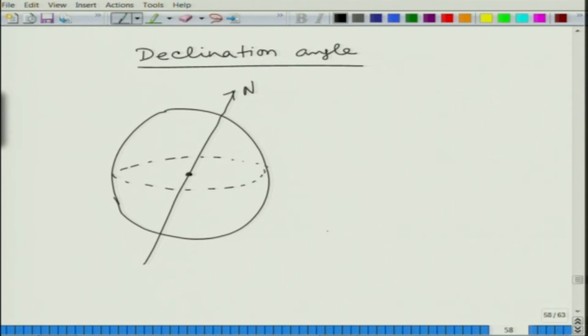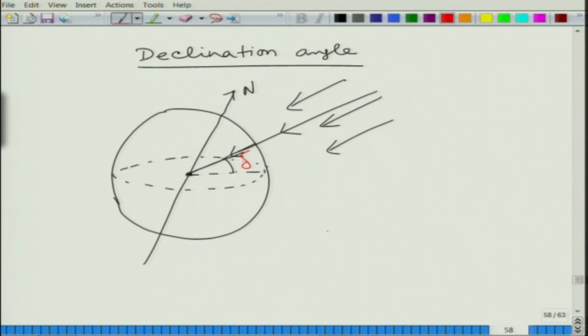And suppose the sun rays are coming from this direction. The one that is radiating perpendicular to the surface of the earth, that is actually connecting to the center of the earth, which is this one, and the angle it makes is our declination angle, right. Let me use a different color to highlight this. So, this is our declination angle.